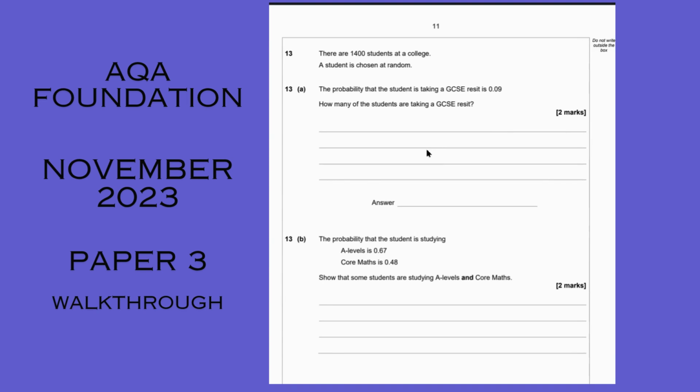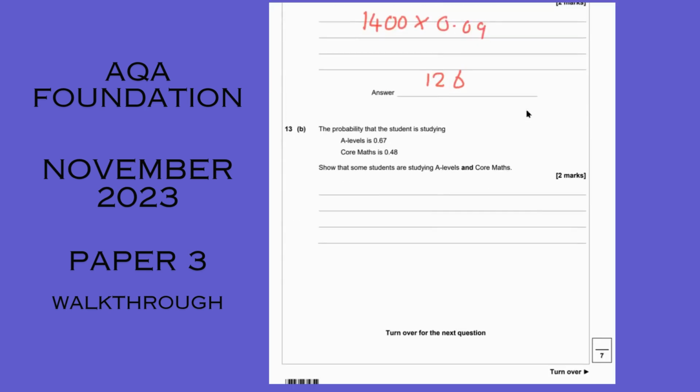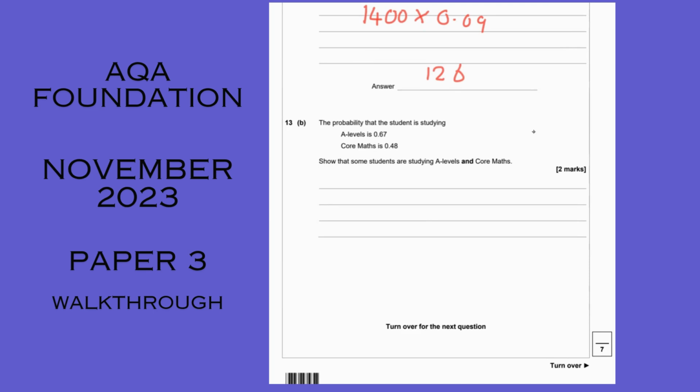Number 13. So, when you know how many are in a population and the probability of something happening in that population, you just multiply. So get onto your calculator for a nice 126.